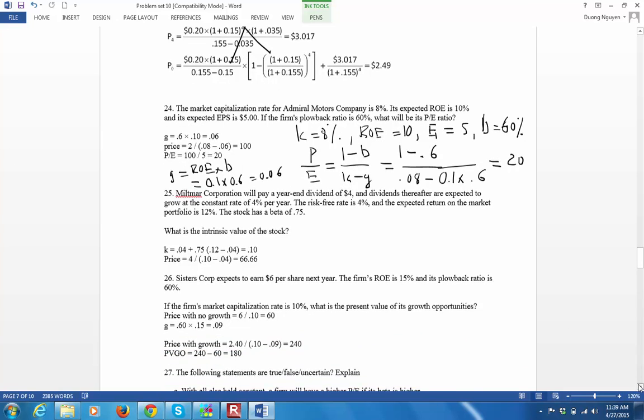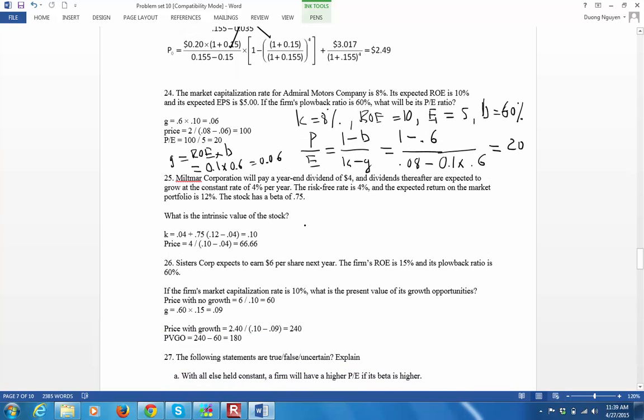Number 25. This company will pay a year-end dividend of $4, and dividends after that are expected to grow at a constant 4%. Risk-free rate is 4%, market portfolio return is 12%, beta is 0.75. First, using the CAPM to get the required return, K equals RF plus beta times the market return minus RF.